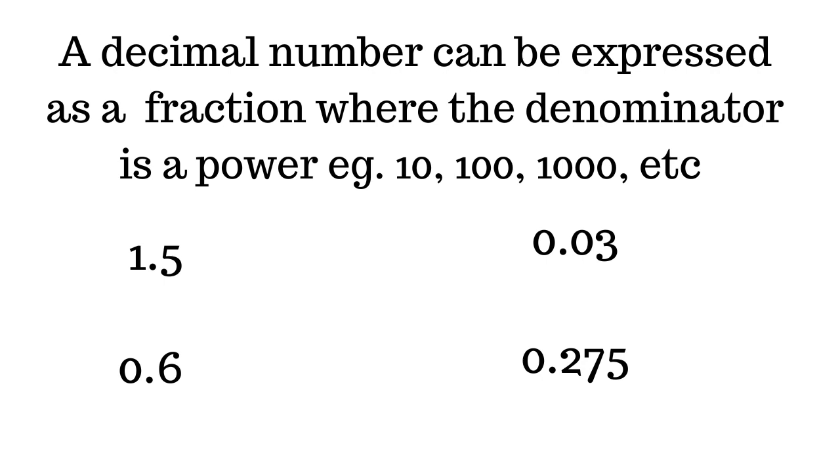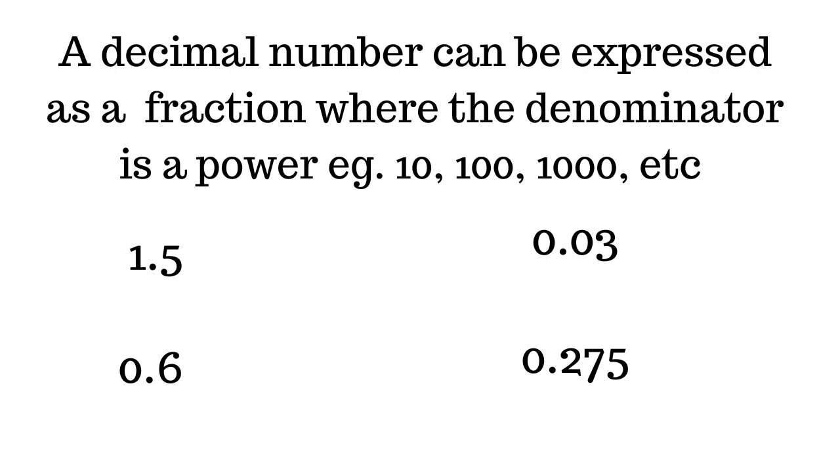A decimal number can be expressed as a fraction by writing its denominator as a power of 10. Right? It can be 10 raised to the power 1, which is 10. It can be 10 raised to the power 2, which is 100. It can be 10 raised to the power 3, which is 1000.